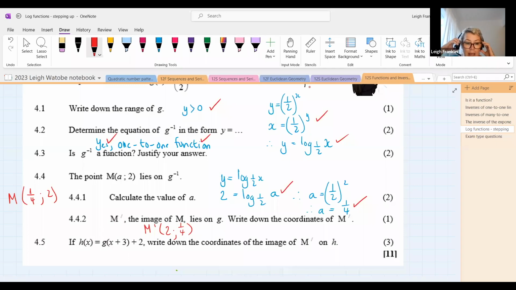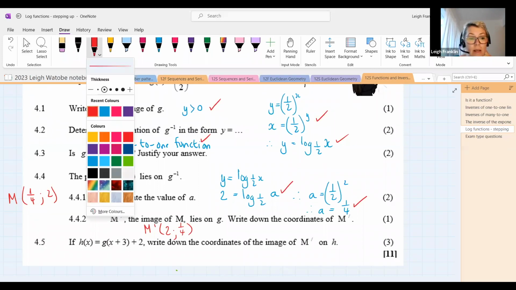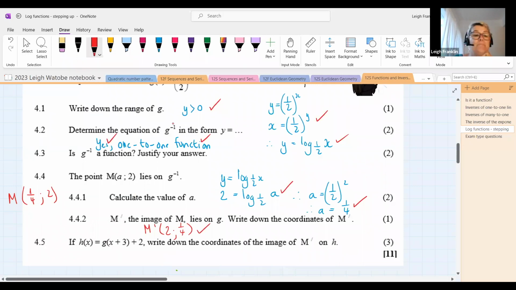M prime is the reflection of M over the line y equals x. I'm going to say that again. M prime is the reflection of M over the line y equals x. That's why our x and y coordinates have switched around. Good job, everybody. There will be one accuracy mark for our answer.